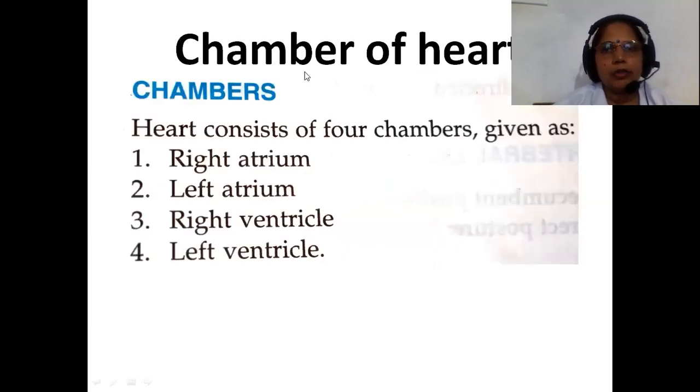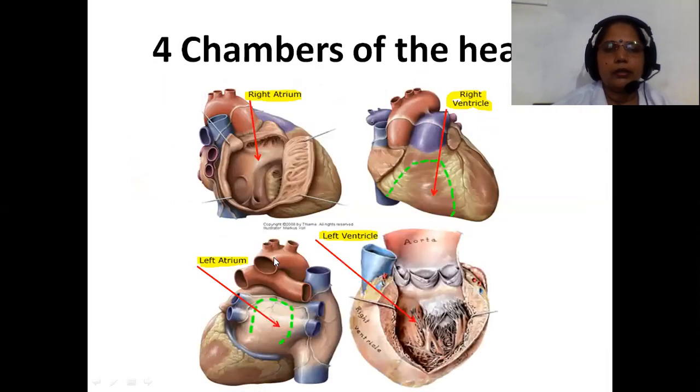Next, chambers of the heart. It is having 4 chambers: right atrium, left atrium, right ventricle, and the left ventricle. Here, there are 4 chambers: right atrium, then left atrium, right ventricle, and the left ventricle. Once again, right atrium, left atrium, which are present in the posterior aspect of the heart.